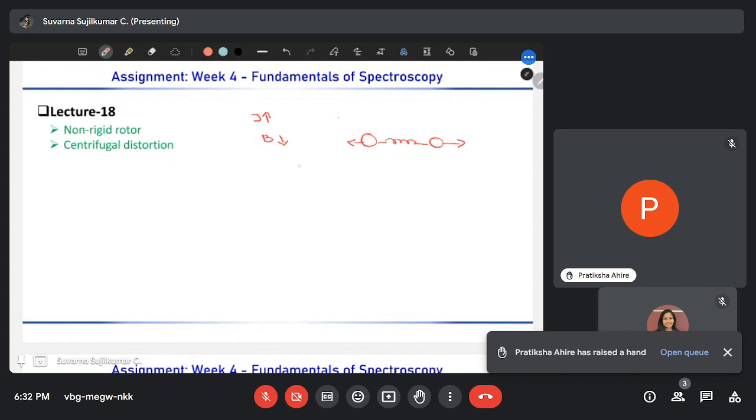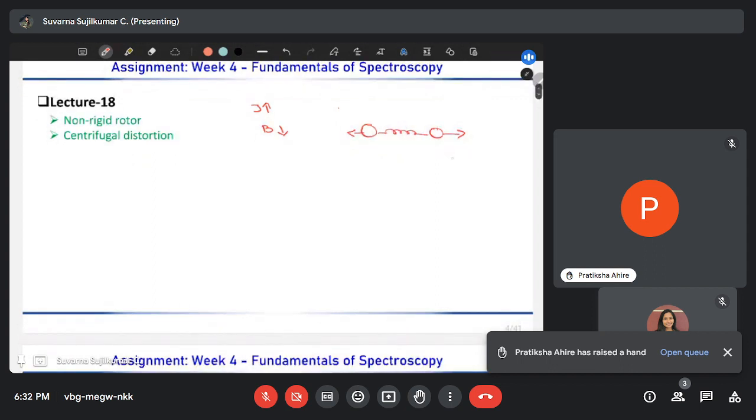Moreover, when the molecules are under the influence of centrifugal distortion, the distance between the atoms gets higher, right? The distance R will be greater than if they are not rotating. The moment of inertia, we already know, is directly proportional to R squared. The moment of inertia and the rotational constant are inversely proportional, right?